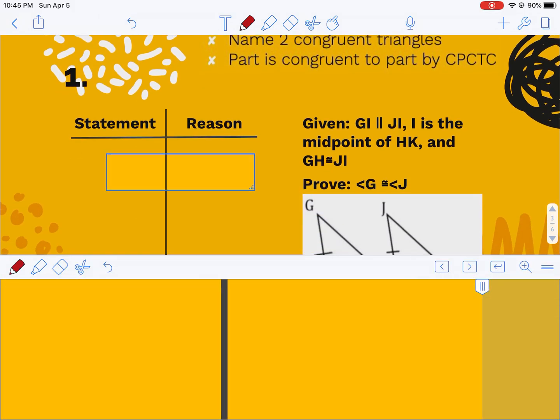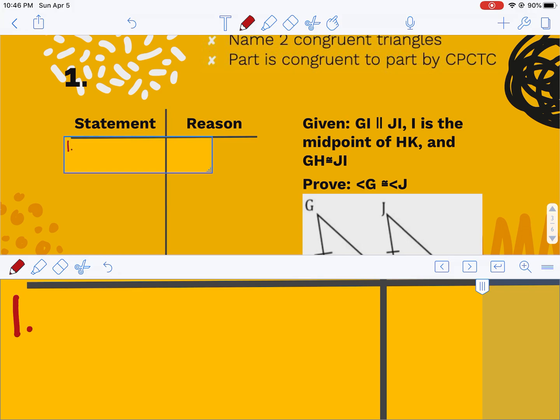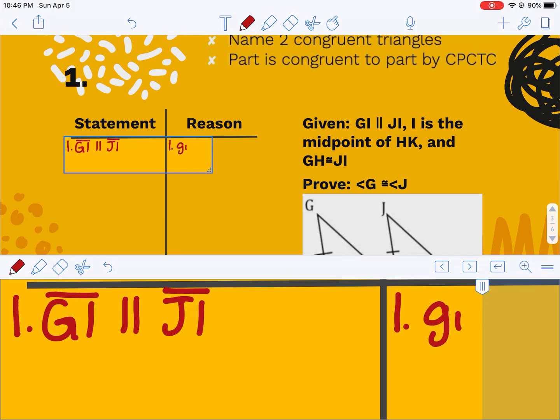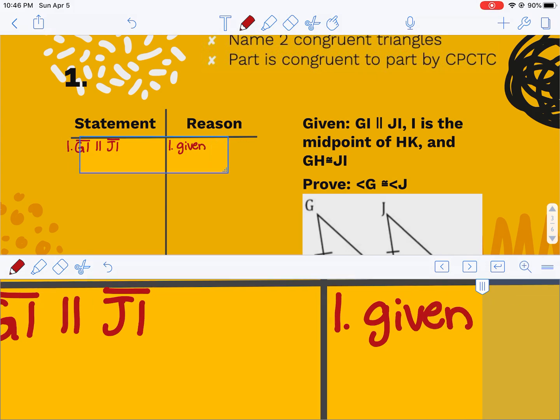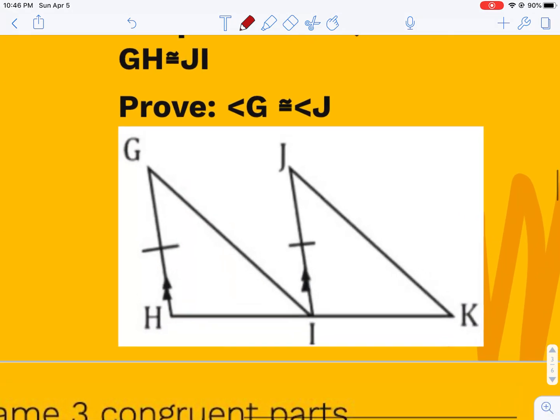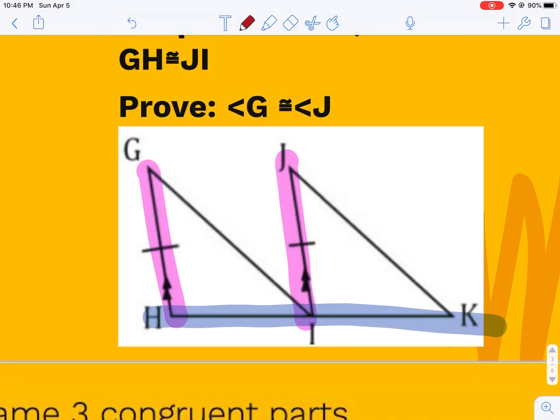So we're given GI is parallel to JI. Even if I'm not sure how I'm going to use it yet, I'm going to write out everything I'm given. And anytime I see parallel lines, I'm looking for alternate interior angles or corresponding angles. So these two lines are my parallel lines. This is my transversal.